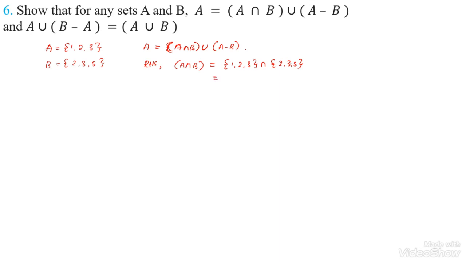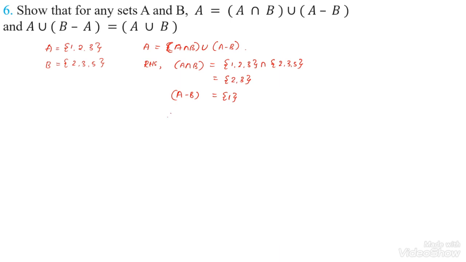What are the common elements here? 2, 3 are the common elements. Clear? Now, A minus B. Other than the common elements 2, 3, the element present in A is 1.